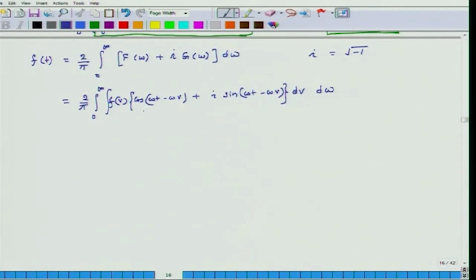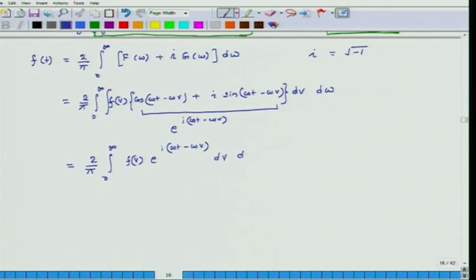Okay, this expression I can write as e to the power of i times omega t minus omega v. So what I get is 2 over pi, integral 0 to infinity, f of v e to the power of i omega t minus omega v, dv d omega, and this is also being integrated.